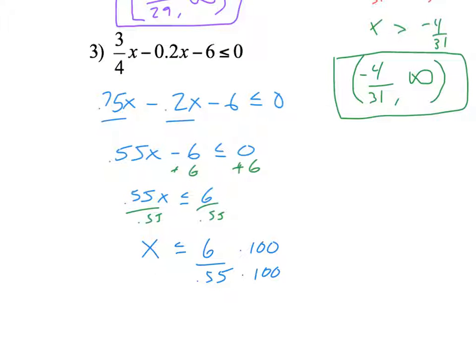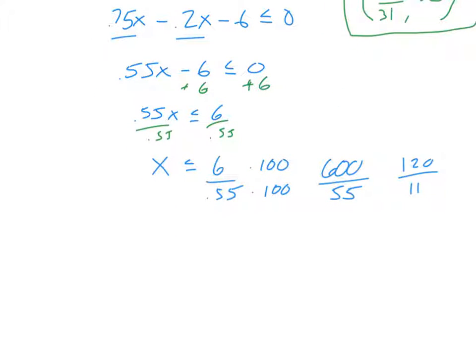And so what I get with that is 600 over 55, which then I actually recognize as being reducible. So I can take 5 out of both of those, and there are 120 5s and 11 5s in 55. So where I end up with that is x is less than or equal to 120 over 11.